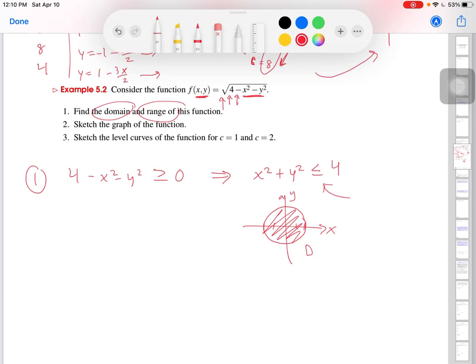If I then go to find the range, well, I need to think about the set of possible outputs. Okay, so if I start thinking three-dimensionally here, the set of possible outputs, I don't have to do this, but to tie things together, if I go off and plot my domain here, that's my domain in the plane. And then if I pick, for example, a point like 0, 0, and I put it into this function, I get square root of 4, which is 2.